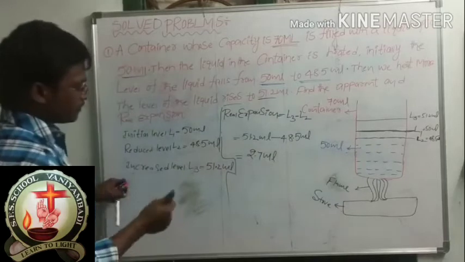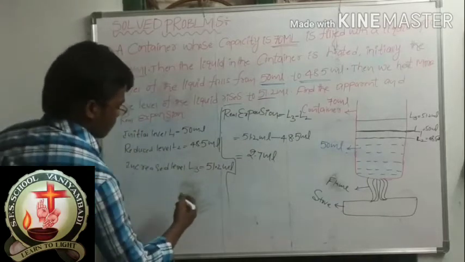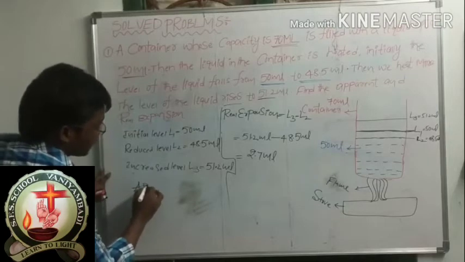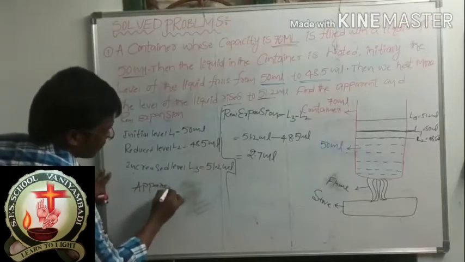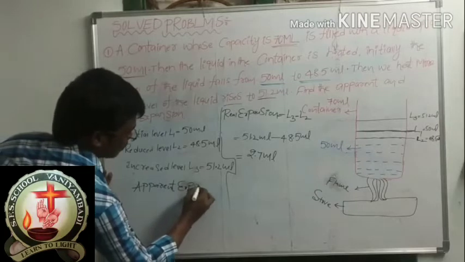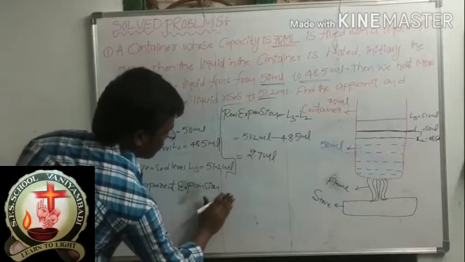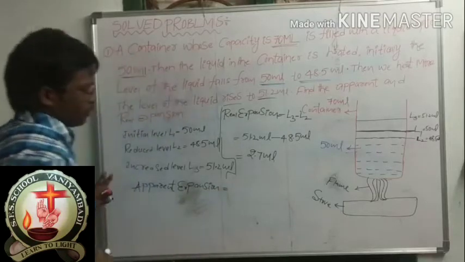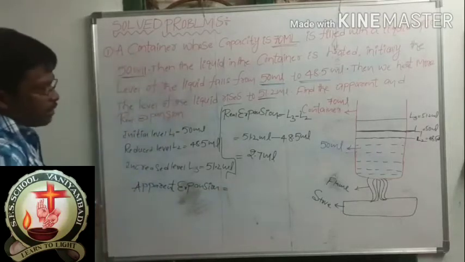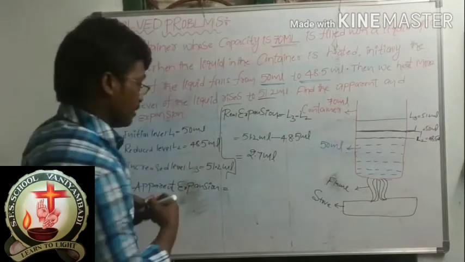Now, apparent expansion. What is the formula of apparent expansion? L3 minus L1.